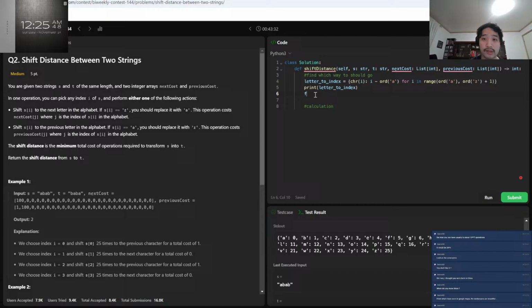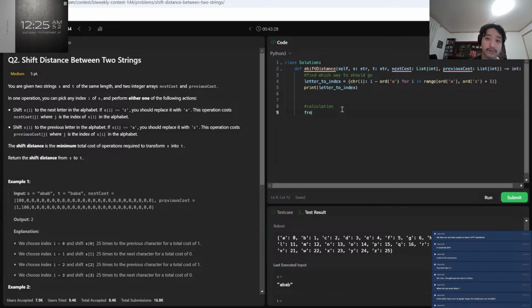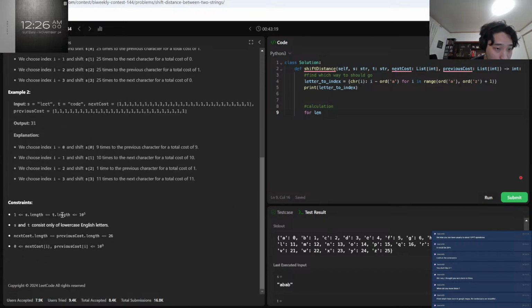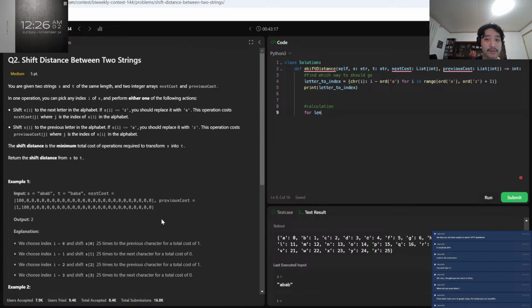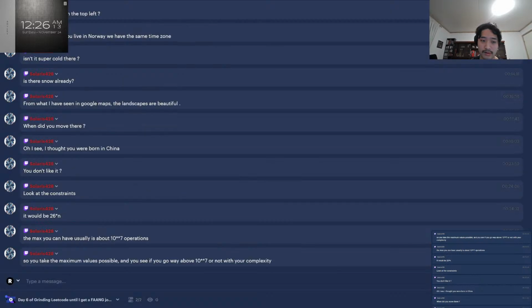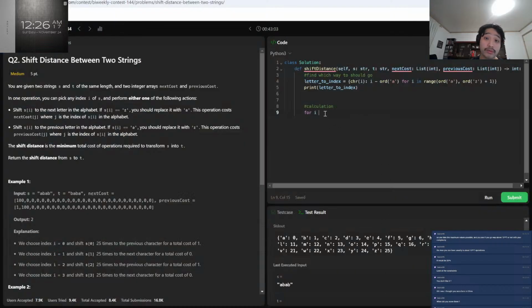So okay, the way it would essentially work is, I know for a fact that S and T are equal to each other. You take the maximum values possible, and you see if you go way above 10^7 or not with your complexity. Okay, I wasn't aware of that.